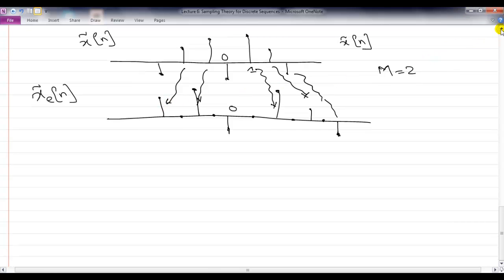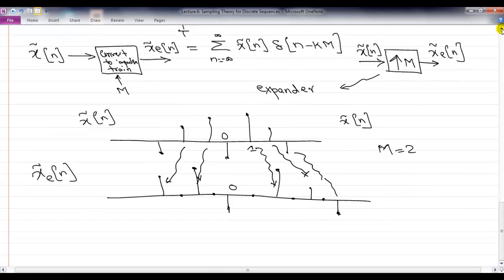So while decimation or downsampling basically takes a sequence and throws away every m minus 1 samples, the expander takes a sequence and puts m minus 1 zeros in between two samples.